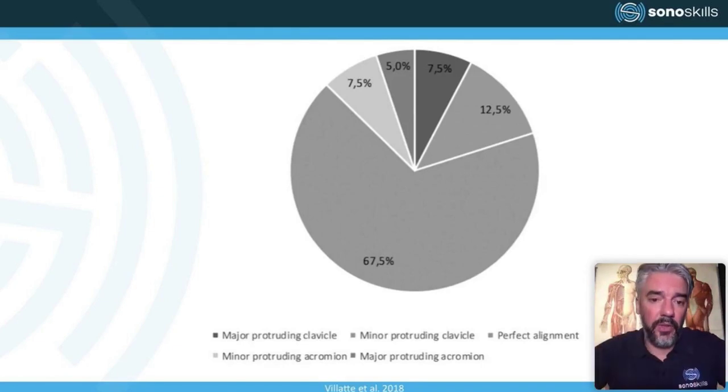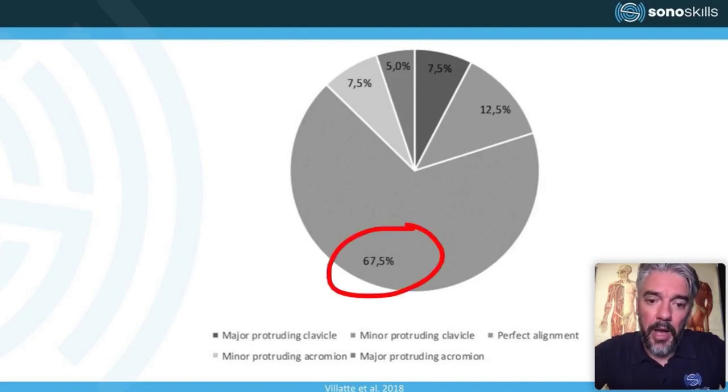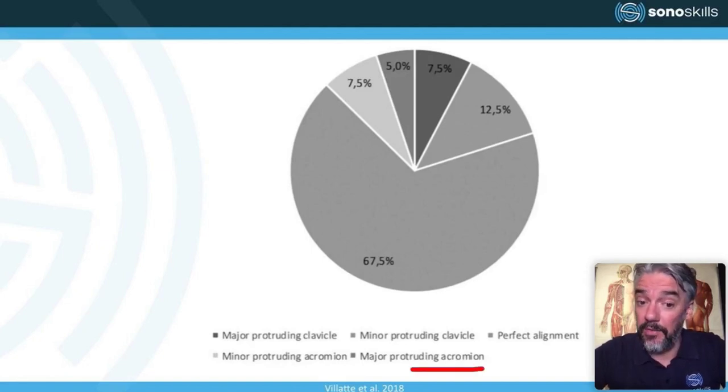In this case, this pie chart explains that, for example, a major protruding clavicle, 7.5% of the population has this normal anatomical variation. I think most people have a minor protruding clavicle, but please know that it's also possible to have a protruding acromion, minor or even major. And major is probably this 5% group, so that is a smaller group.